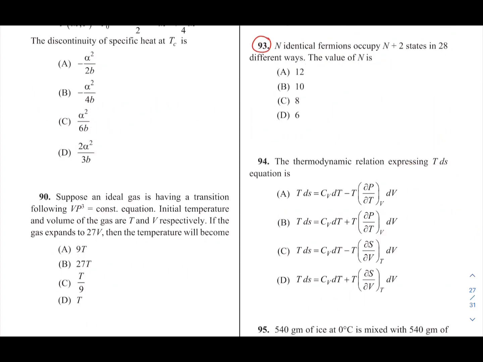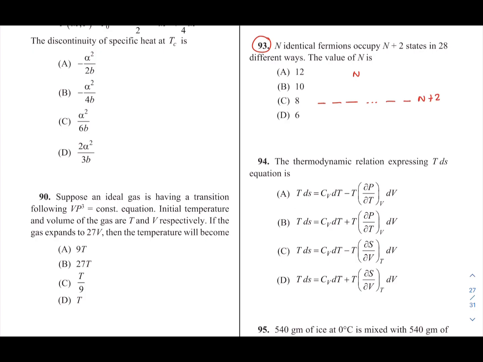Problem 93. N identical fermions occupy n plus 2 states in 28 different ways. The value of n is. So we have n fermions and n plus 2 states.